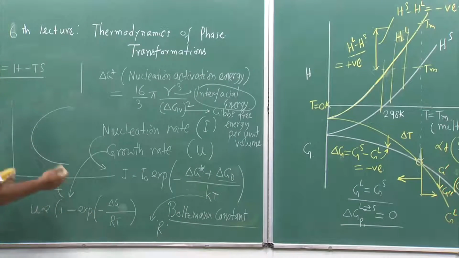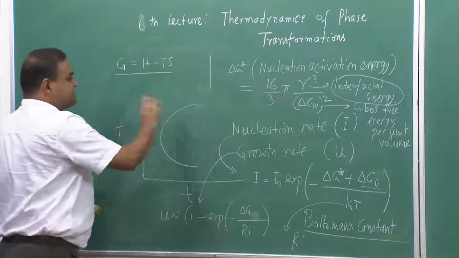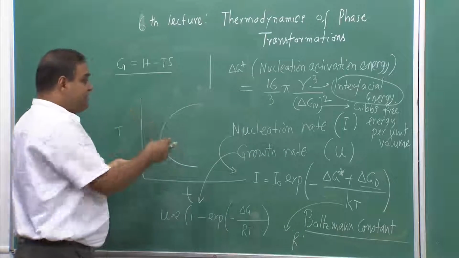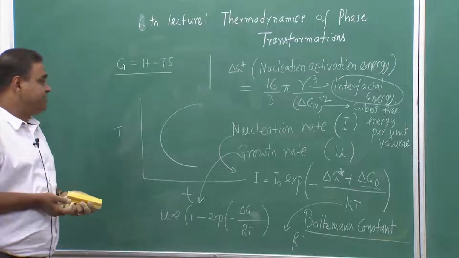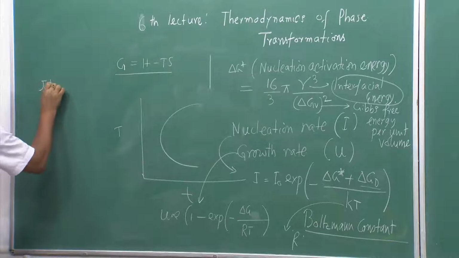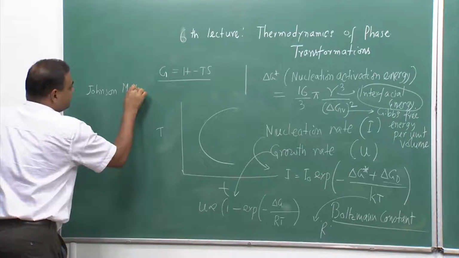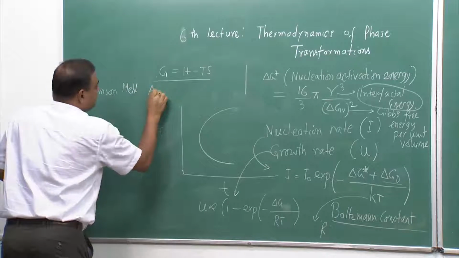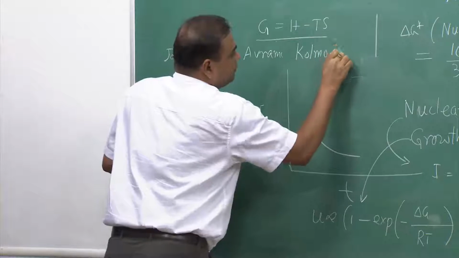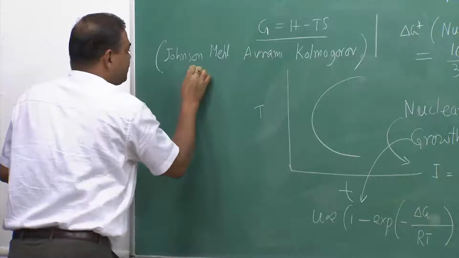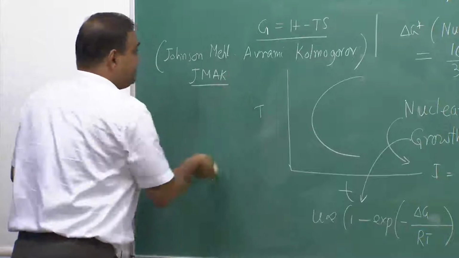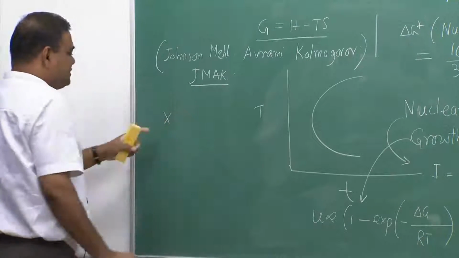Now, we said that for finding this TTT diagram, we need to know nucleation rate, we need to know growth rate, and overall this particular graph says the overall transformation kinetics, and this overall transformation kinetics is given in the form of Johnson, Mehl, Avrami, Kolmogorov, which is properly known as the JMAK equation, which is given in the form of x, which is the fraction transformed.